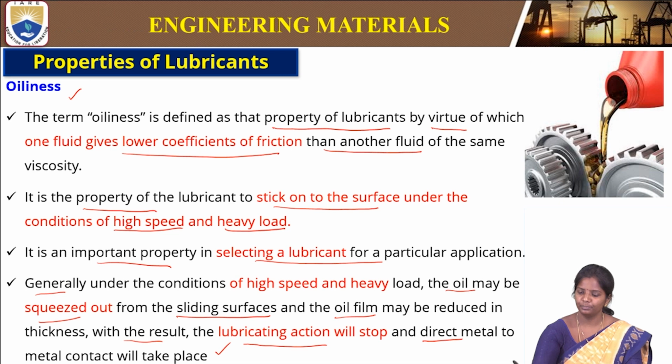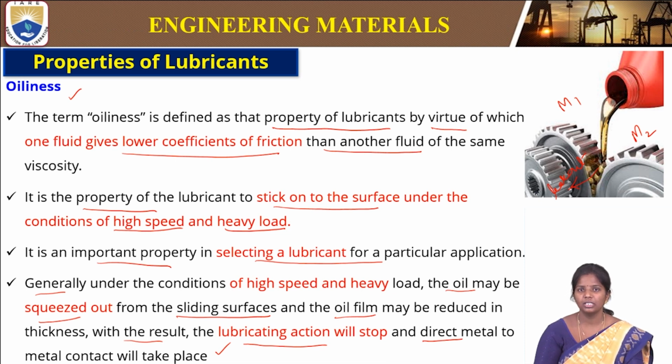So for example, this is metal 1 and metal 2. There is lubricant in between these two metals. If it is under high speed and heavy load, what happens? This will leak out from between these two metals.